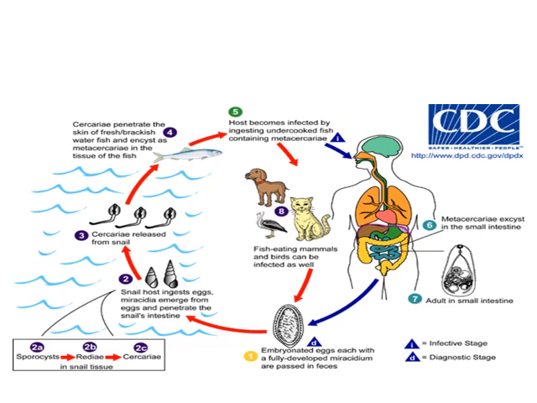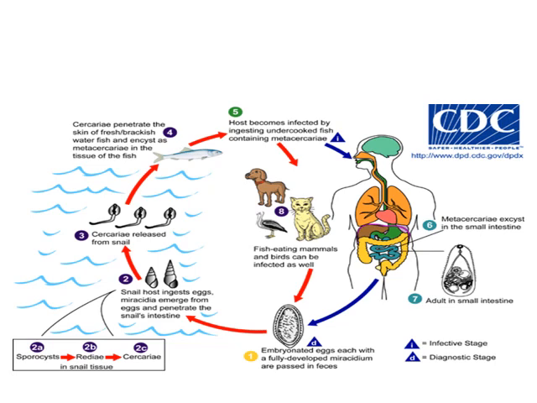Now the embryonated egg contains a miracidium. The miracidium can enter the first intermediate host, which is a snail. So the snail host ingests the egg. The miracidium emerges from the egg and penetrates the snail intestine.